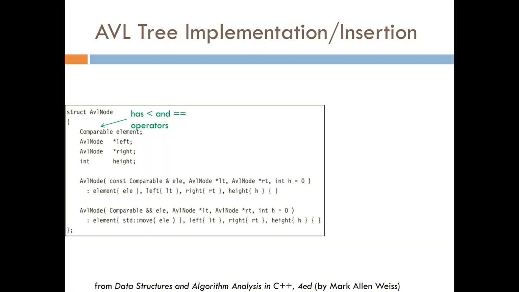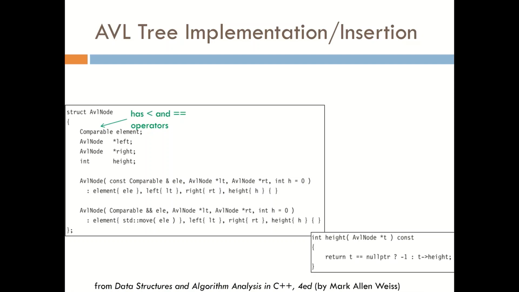And it basically just means that in this particular implementation, there is a less than and is equal to operator overload in the actual class that you will be using this with. So you could actually use this with, say, objects of the gas pump class and insert those into an AVL tree.